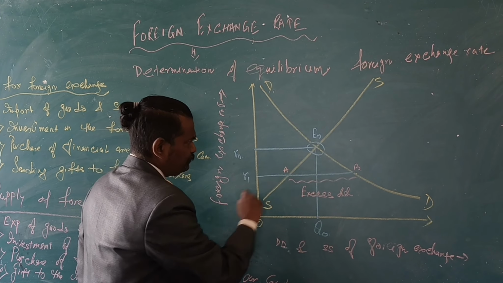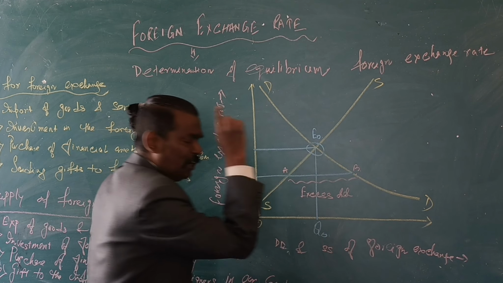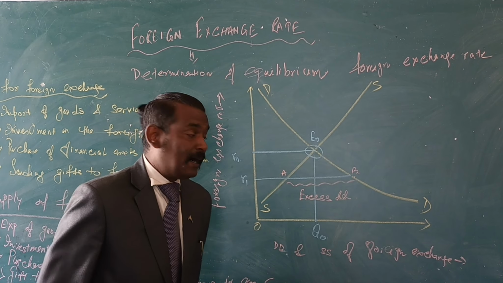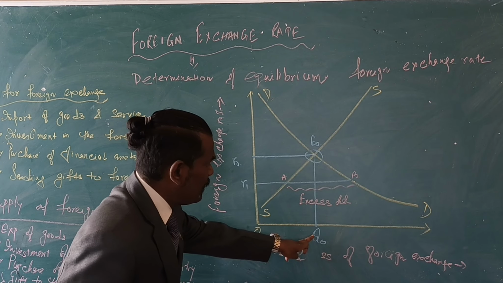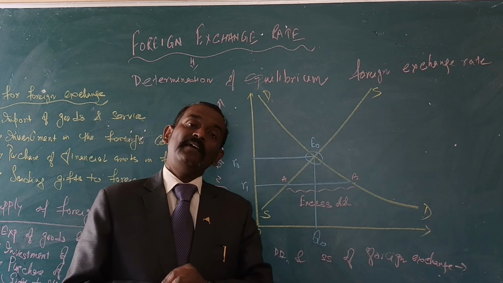In the same way, if we draw a line from E0 to the horizontal axis, then we will get the equilibrium foreign exchange which has been demanded and supplied.